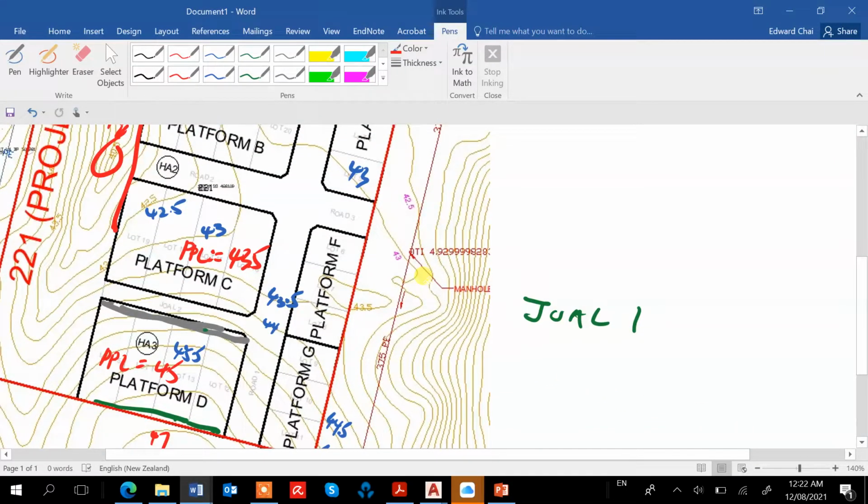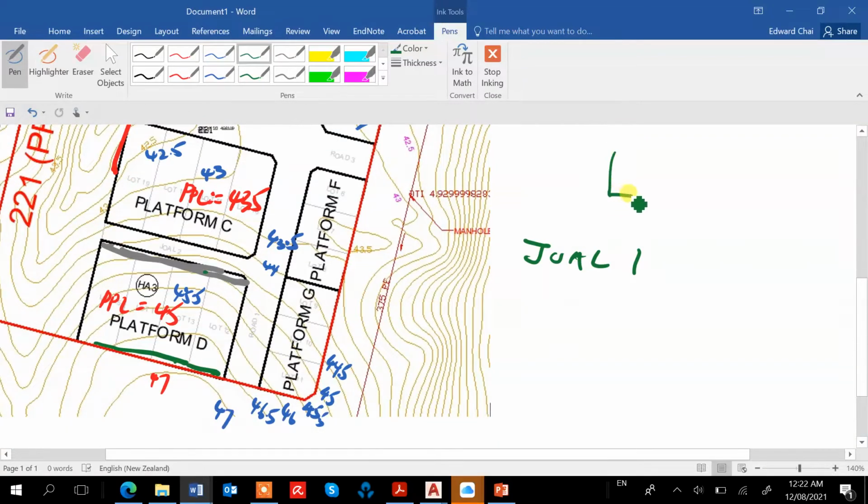Okay, choose this manhole here. I just put it in green color. This is 4.9. So actually it's 4.93. 4.93 here. So this is the depth of the manhole.